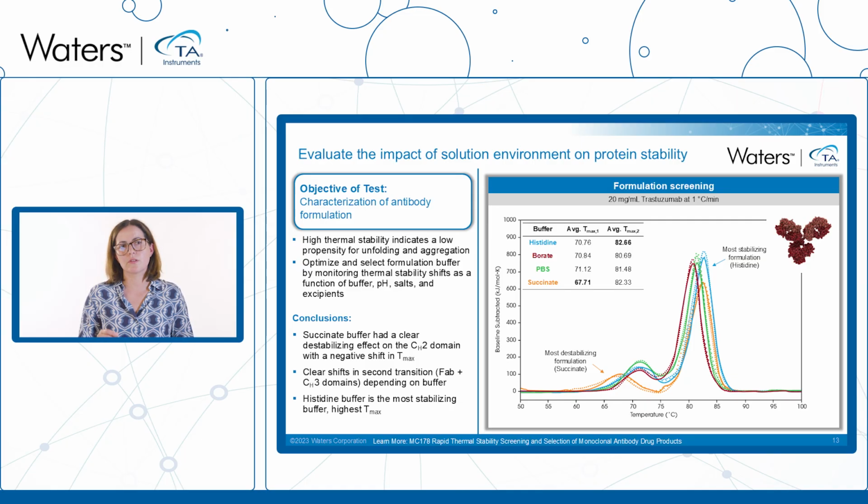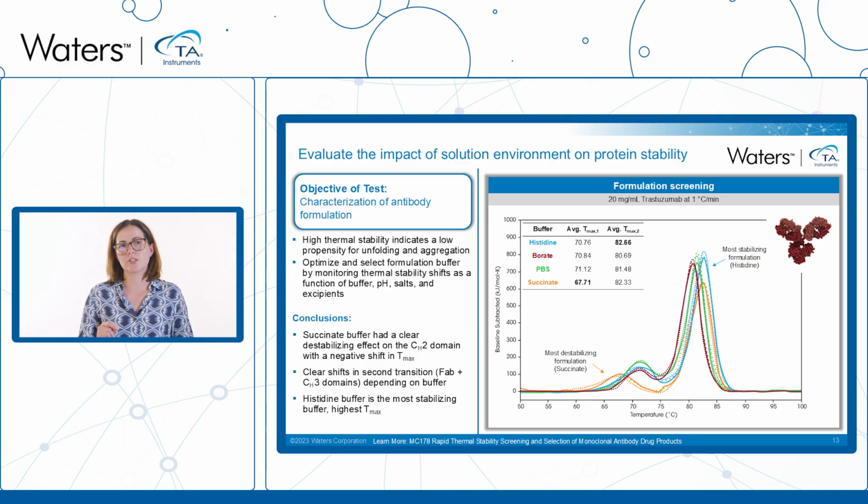With respect to the main transition, which reflects the Fab and CH3 unfolding events, the histidine and succinate buffers are the most stabilizing, with a Tmax of about 82.6 Celsius.